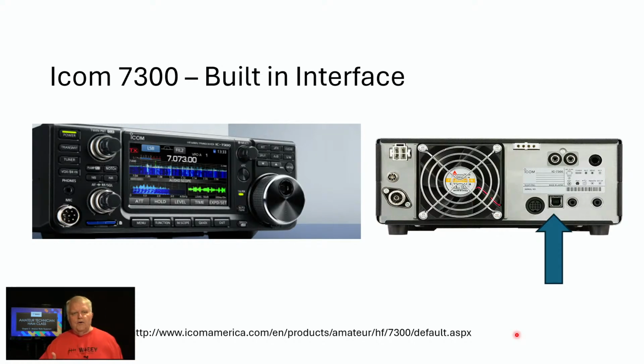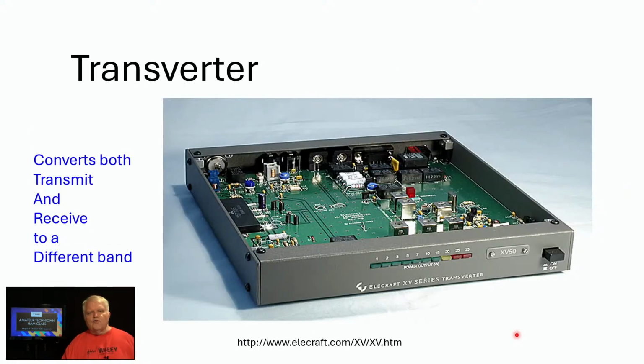So if your radio, a standard HF radio, goes from 160 meters up to the 6 meter band, but I want to operate higher, I want to operate on the 2 meter band with my radio, can I do that? Yes, if you buy this. It's a transverter. A transverter is for both transmit and receive.